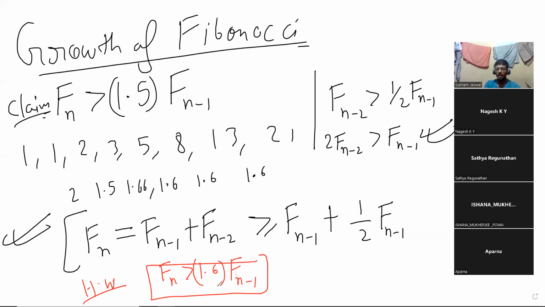And the next homework, which is almost trivial now, is to use this to show that there is no polynomial. Just like 2 to the n, this will become 1.5 to the n, and 1.5 to the n also has the same kind of things. Think about it, complete that. We will discuss it next time.